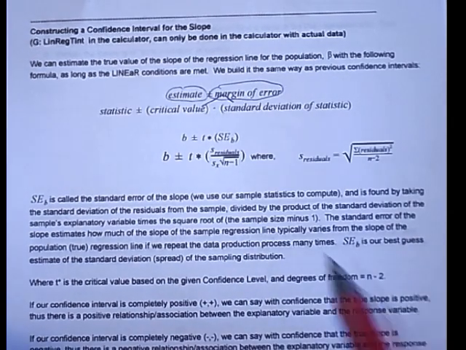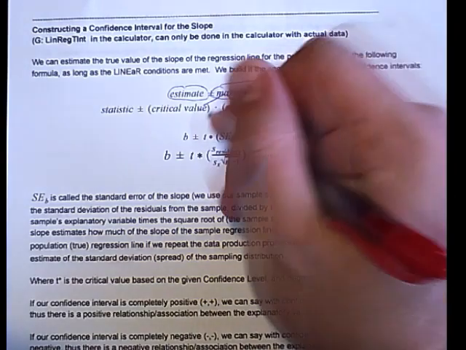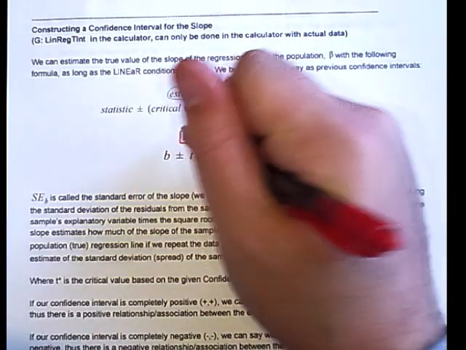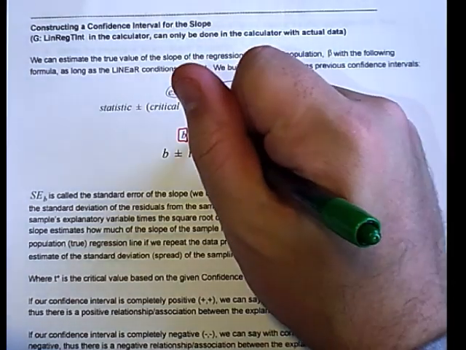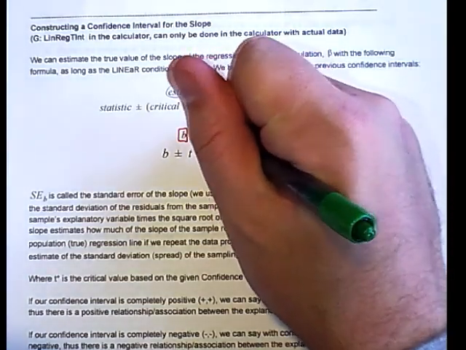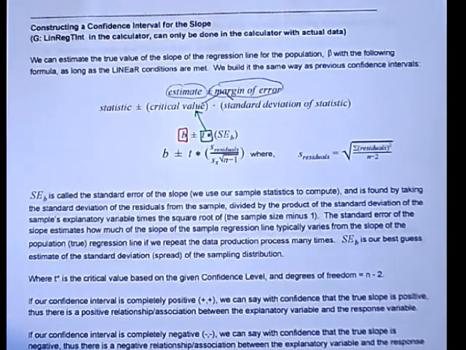So our statistic is going to be this sample slope. We're going to use a t distribution, or a t star, for a critical value.